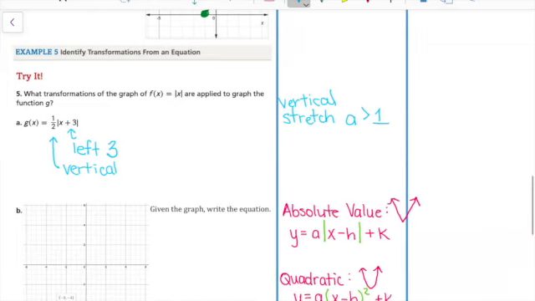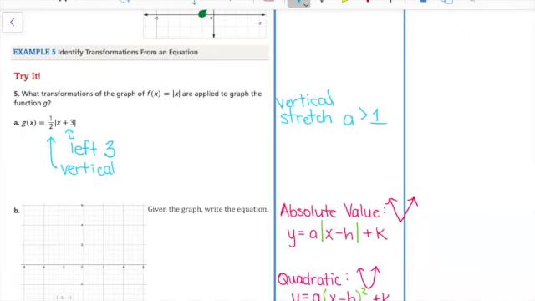And the positive or negative does not matter. So if you want the proper usage there, we're going to say the absolute value of A is greater than 1. So it could be -2, it could be -3, it could be 3. And what that means is it's going to make the graph skinny.